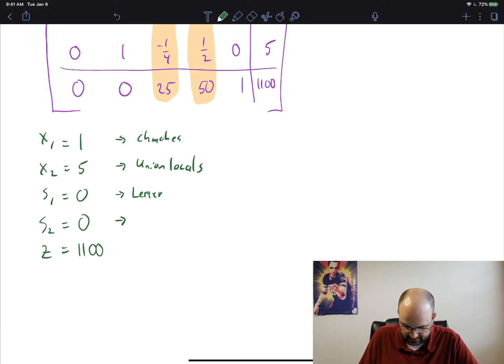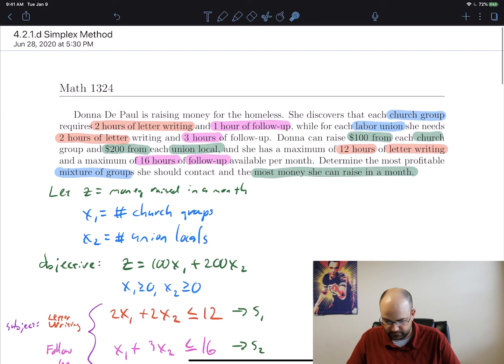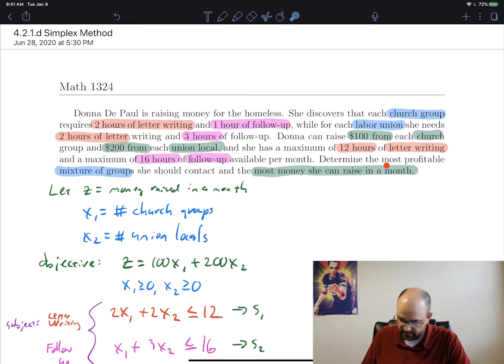S2 represented the number of follow-up hours. And Z, of course, is the money. Okay. So just a reminder here. The question that we wanted to answer was determine the most profitable mixture of groups she should contact and the most money she can raise in a month.